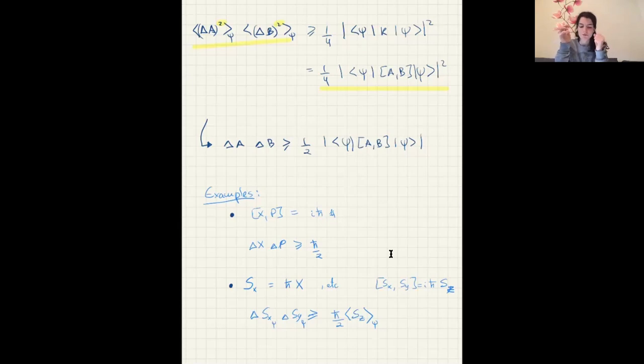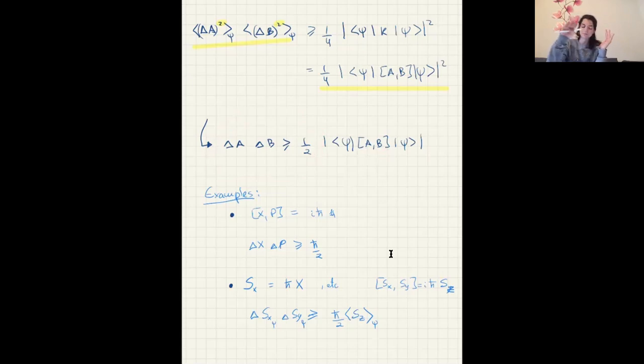The same if you want to measure the z spin direction of one qubit and the x direction of another qubit. These two observables commute, so this term here is 0, which means that in principle you can measure them simultaneously. However, if you want to measure 2 directions of spin at the same time, you're never going to be able to do this, because the moment you measure one, you're disturbing the state.